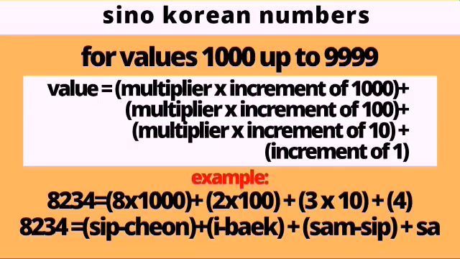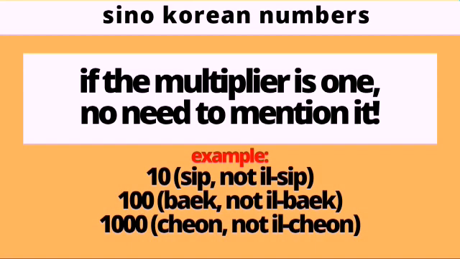And with that, we already know how to count up to 9,999. Just a reminder, if the multiplier in the formula is 1, then there's no need to mention it anymore. For example, number 10. Although this could be described as one set of 10, some people would be tempted to call it il ship.